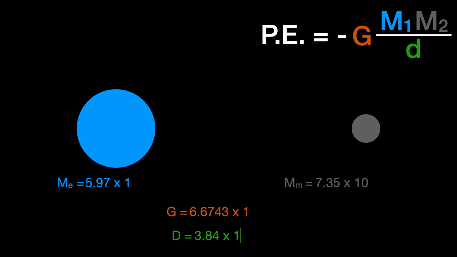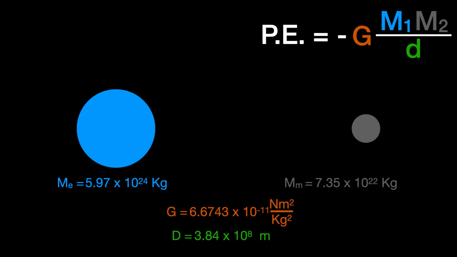Okay, so let's figure out what the potential energy of the Earth-Moon system is. PE equals negative G, and so on. Again, here are the units from before in case you've forgotten. Note that the distance is still measured in meters. Don't make that mistake again.